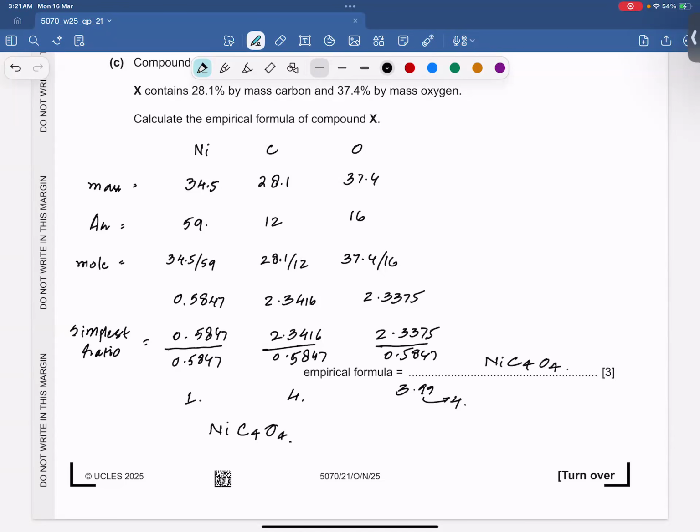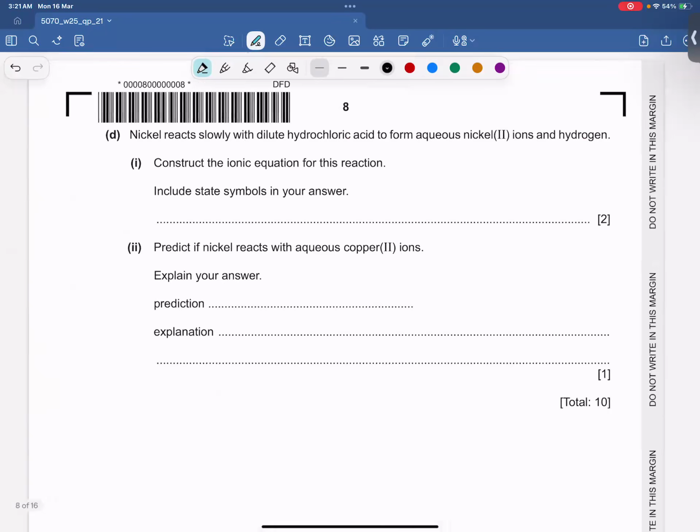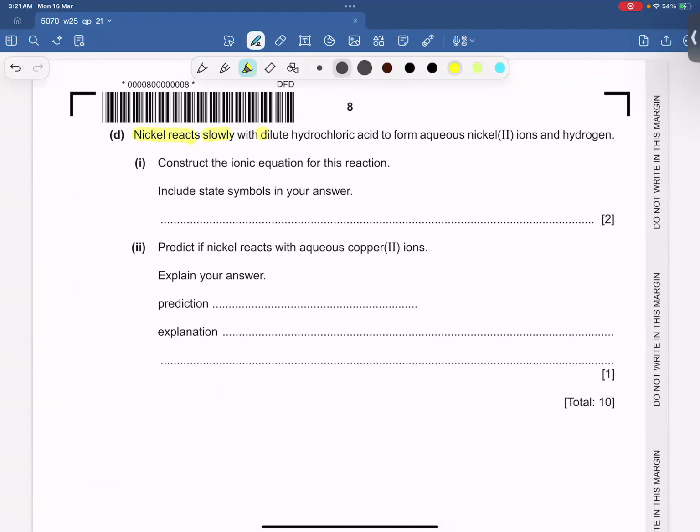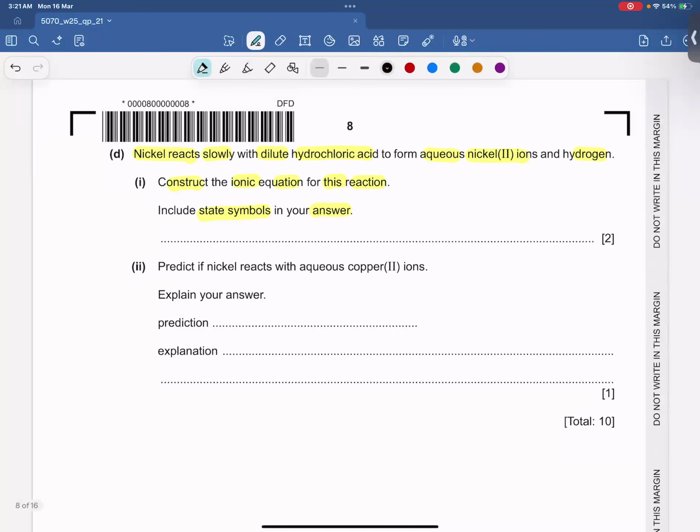I hope you get the logic. Let's start with this. Nickel reacts slowly with dilute hydrochloric acid to form aqueous nickel 2 ions and hydrogen. Construct the ionic equation for this reaction. Include state symbols also. So nickel is basically an element reacting with hydrochloric acid, converting into nickel chloride and hydrogen gas.